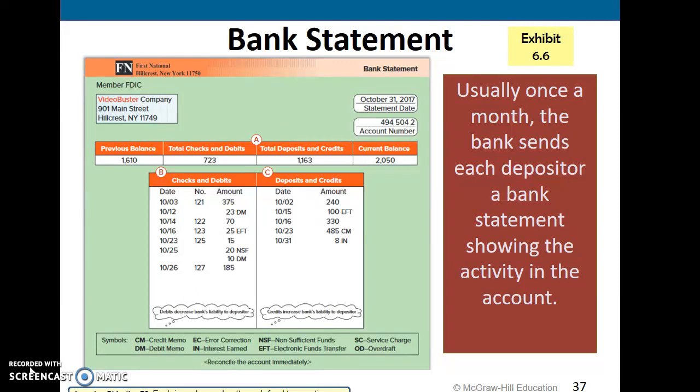As you can see, you have a current balance, total deposit and credit balance, total checks and debits, and then the previous balance. Okay, so we take our previous balance and then take the total checks and debits and the deposits and credits into account. It should give us our current balance. As you can see, it says usually once a month the bank sends each depositor a bank statement showing the activity in the account.